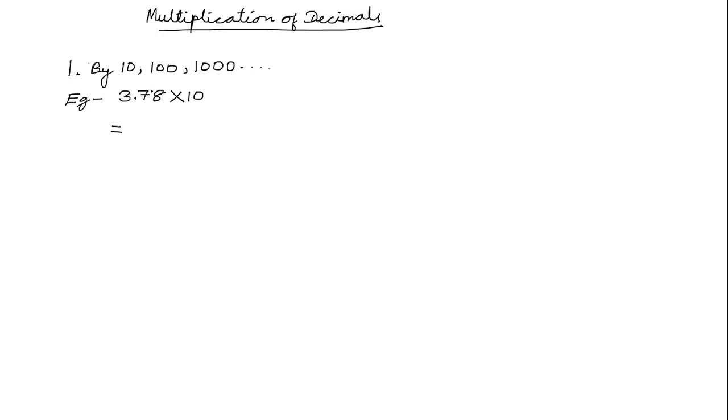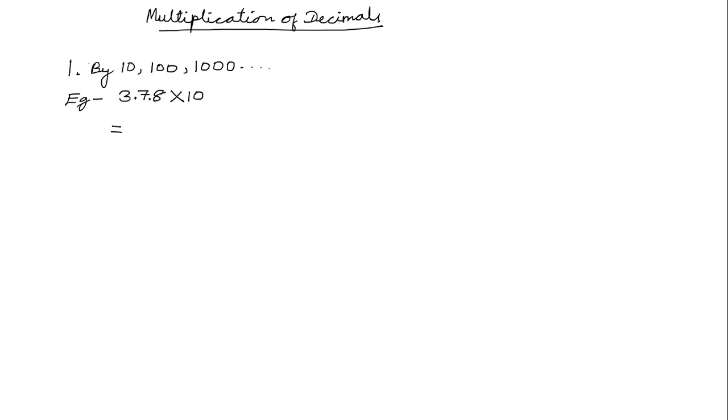Now that's why when you are multiplying by 10, you see that 10 has 1 zero. So the point should shift towards the right, forward by 1 digit. Since with 10 you have 1 zero, the point will shift 1 place right.